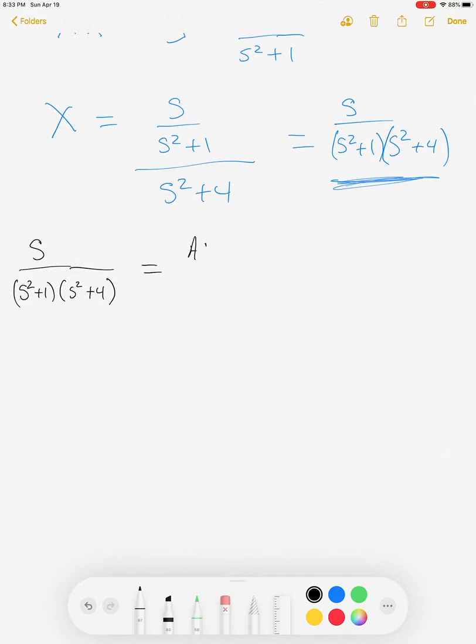But I'm going to do, as I almost put x because I'm used to putting x, but As plus B over s squared plus 1, plus Cs plus D over s squared plus 4.